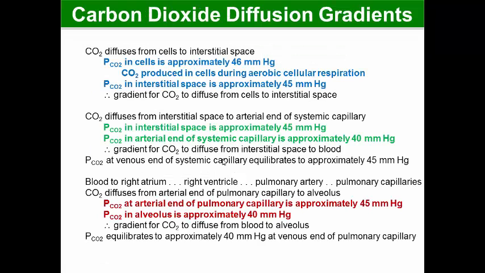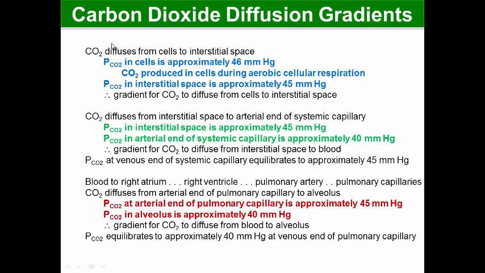Carbon dioxide diffuses in the opposite direction. So carbon dioxide diffuses from the cells, then to the interstitial space, then from the interstitial space to the blood in the systemic capillaries.